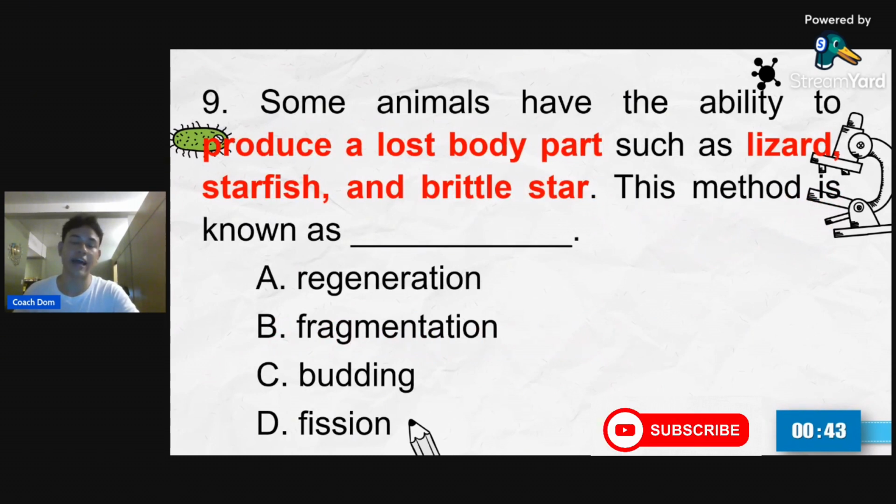Some animals have the ability to regrow a lost body part, such as lizard, starfish, and brittle star. This method is known as letter A, regeneration, B, fragmentation, C, budding, or letter D, fission. Okay, please lock in your answer for question number 9.